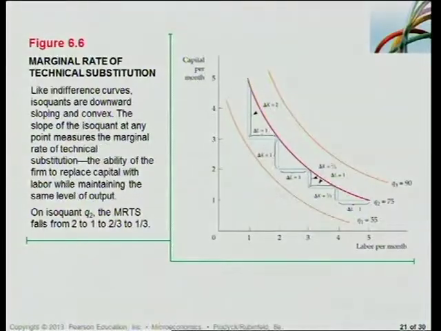Okay, and what do we mean by the marginal rate of technical substitution? It is the ability of firms to replace capital with labor, and very, very important, while maintaining the same level of output. So the level of output here, as you can see, if you are at Q1, Q2 or Q3, remains at 55, at 75 or at 90.